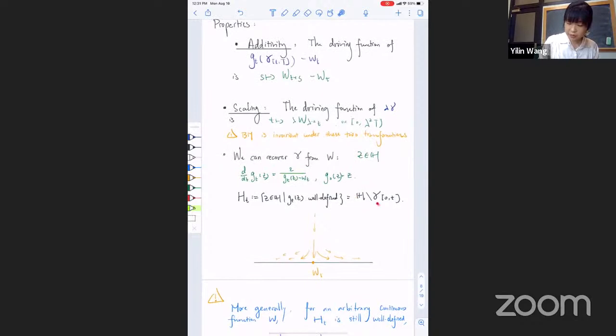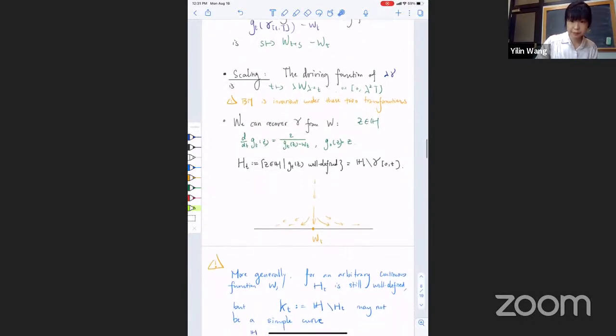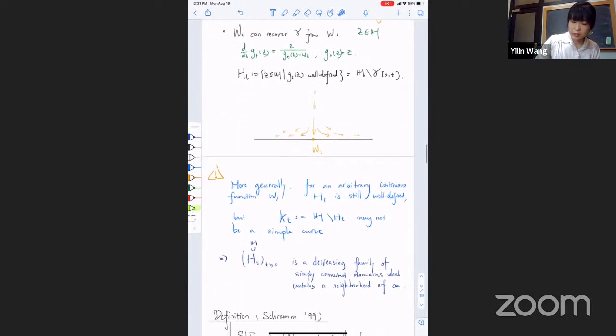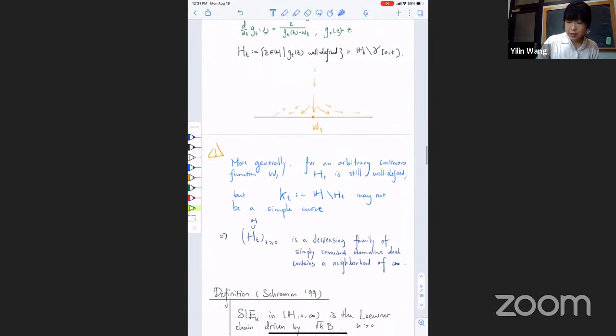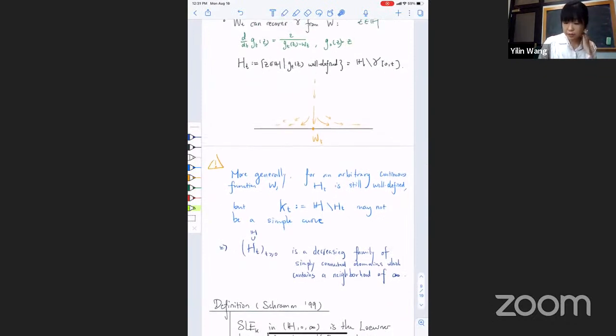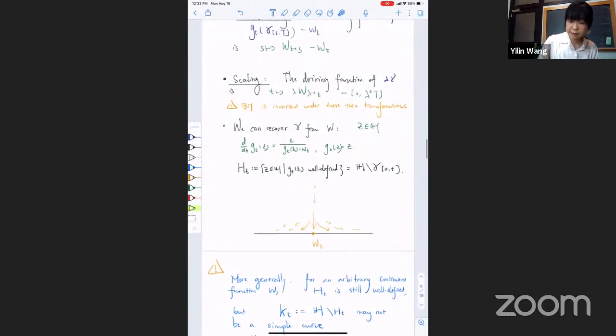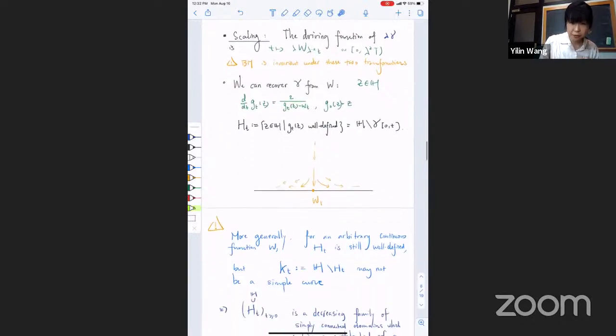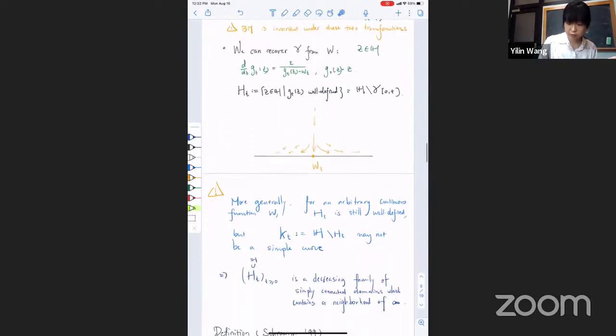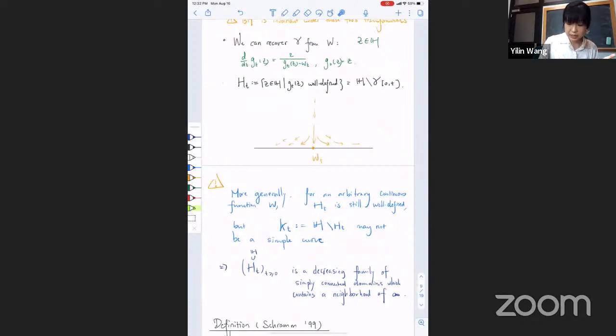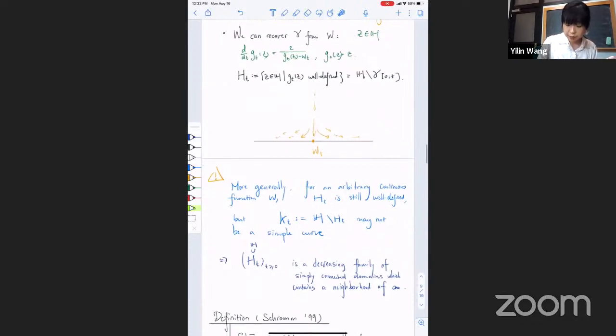And you can recover the curve gamma by looking at where the points are where the solution doesn't exist. All right, so this way you can also define this for an arbitrary continuous function W. Here all I say is that if W comes from gamma, then you can recover gamma this way. But if you start with an arbitrary continuous function W, then H_t is still well defined, and K_t would be the complement.